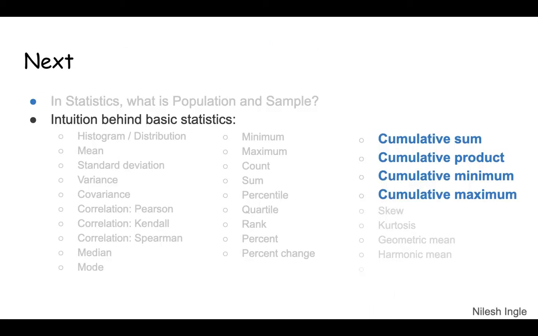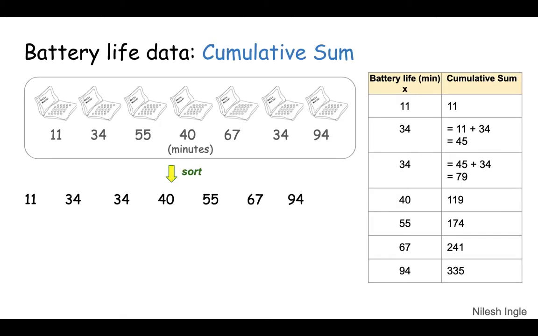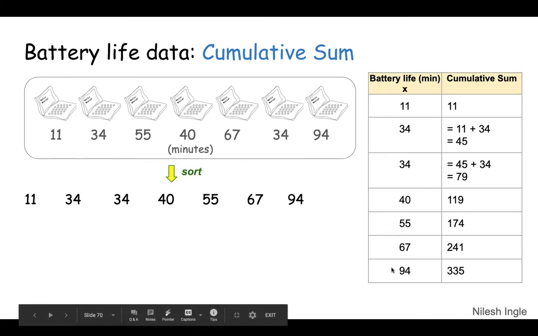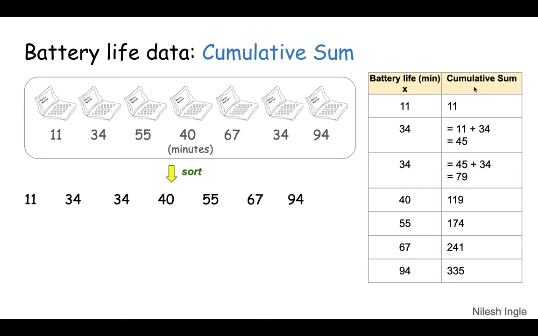Now let's look at cumulative sum, cumulative product, cumulative minimum, and cumulative maximum. In case of sum, we again have the same experiment. We measured the battery life for 7 laptops. We have these readings and we sort them in ascending order, put them in this data set on the table on the right hand side, and we now want to calculate the cumulative sum.